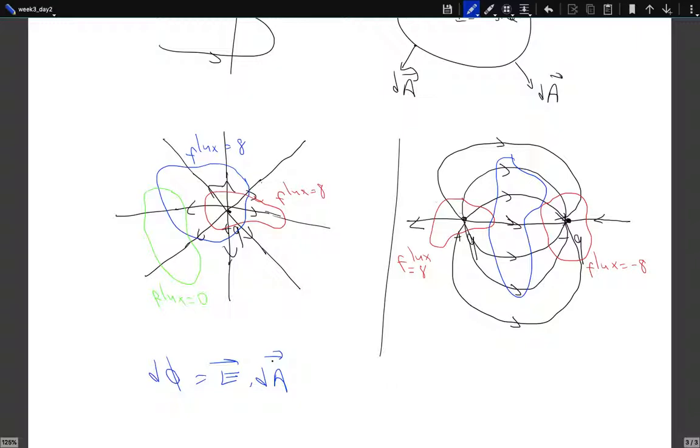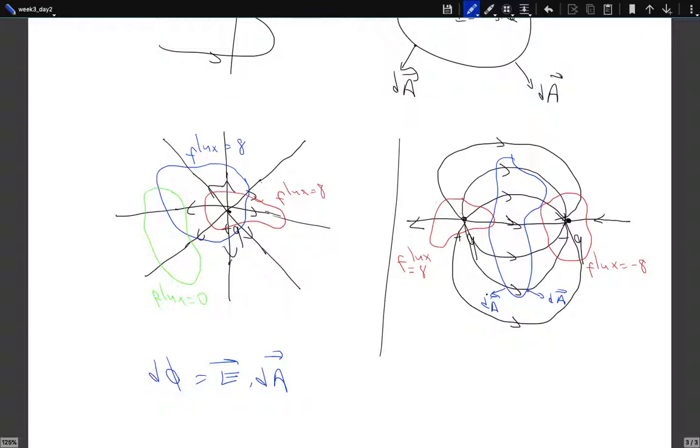So if you look at this area, on one hand we have this point, this is the dA vector at that point.